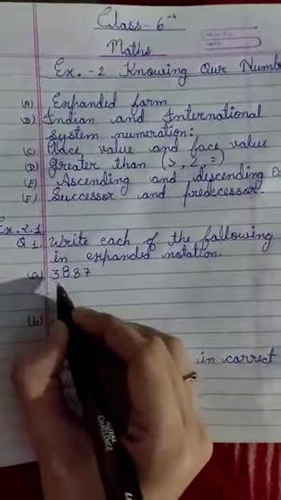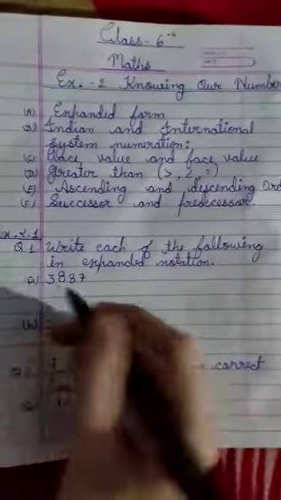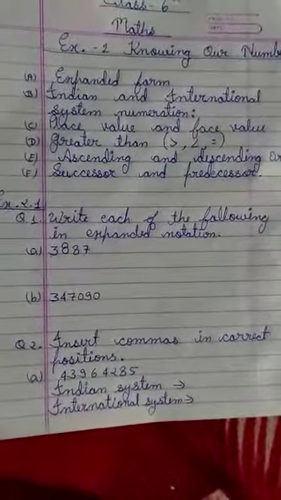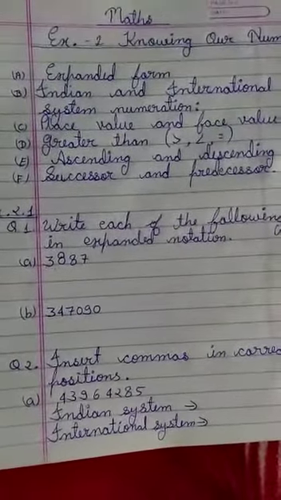This is 3887. So we write this number in expanded form. We have to add the values of all digits.